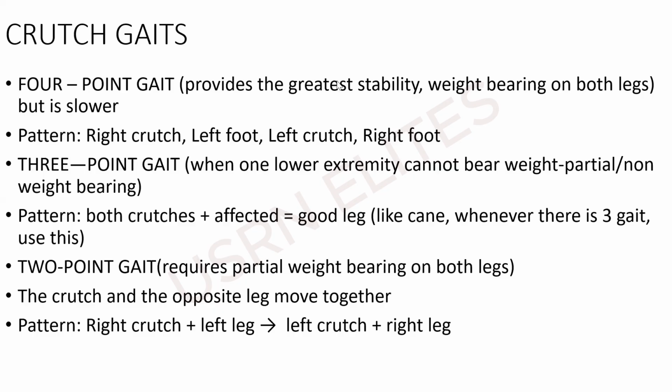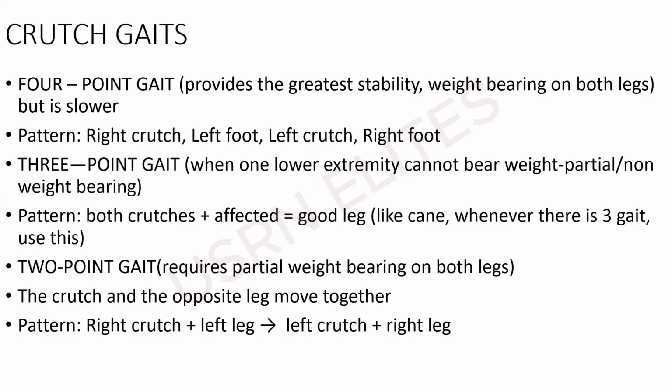Okay. So the 4-point gait, the principle is that which one goes first? The right crutch. Sometimes the crutch can go with the affected leg. It's like when you are using a cane to move on the floor.